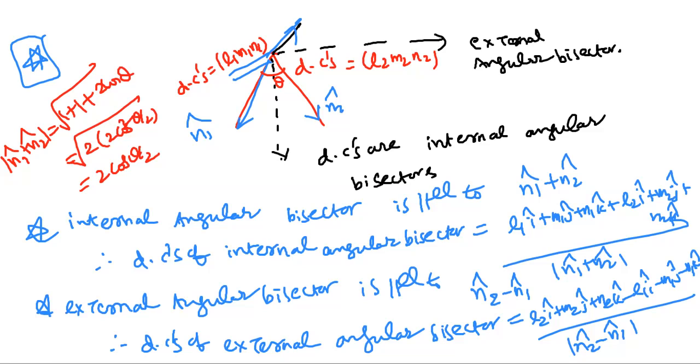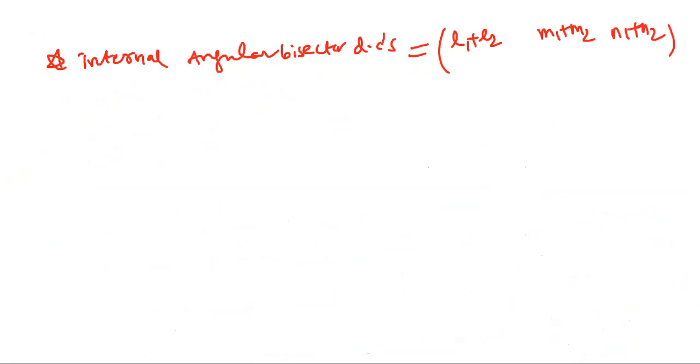Whereas the magnitude of the difference, mod of N2 cap minus N1 cap, is 1 plus 1 minus 2 cos theta, that is 2 sine theta by 2. So for internal you get 2 cos theta by 2, and for external it is 2 sine theta by 2.